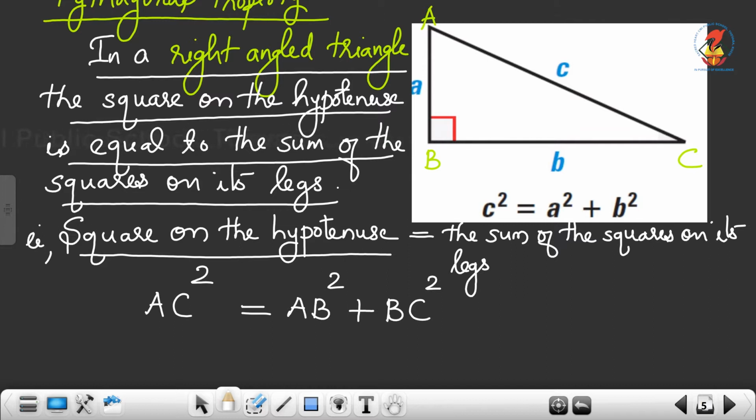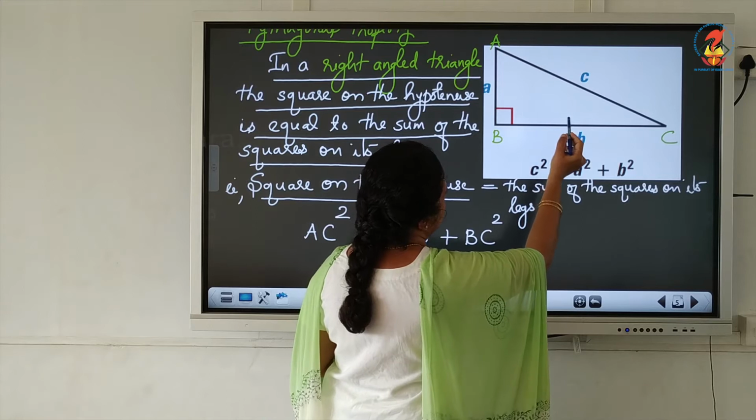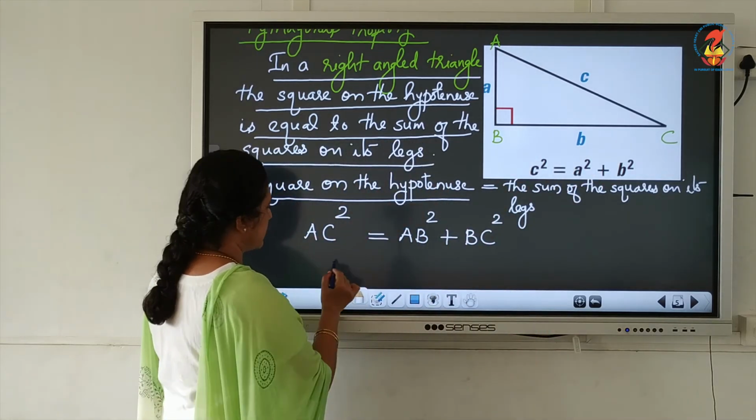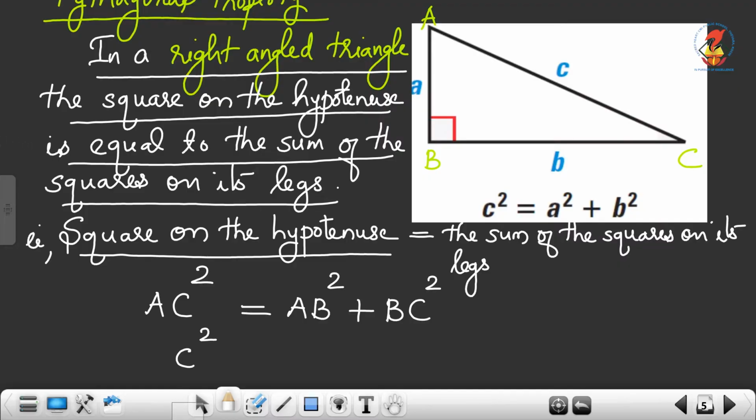Now, we can write down the lengths of these sides. The hypotenuse length is given as c, so we write c square. c square is equal to the sum of the squares of the lengths of the other two sides. AB is a, so a square, plus BC is b, so b square.